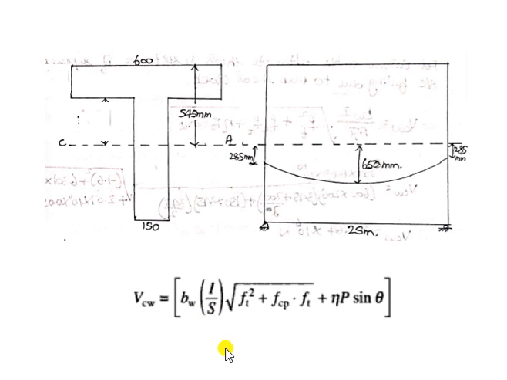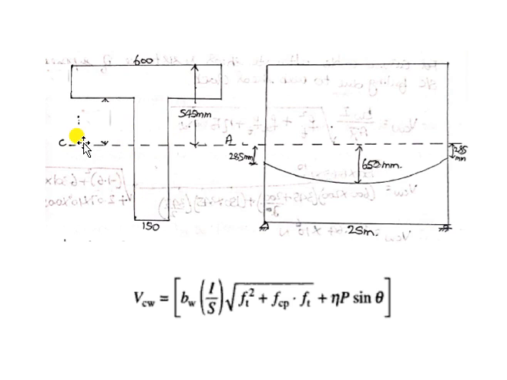A into Y bar means, always remember that we will calculate shear force or shear resistance with respect to the centroidal axis. So when we calculate the shear resistance or shear stress with respect to the centroidal axis, we should consider the area above the centroidal axis or below the centroidal axis depending upon the asked condition.